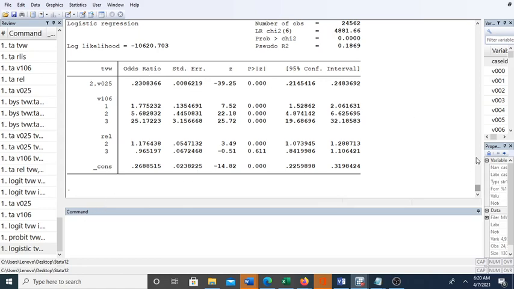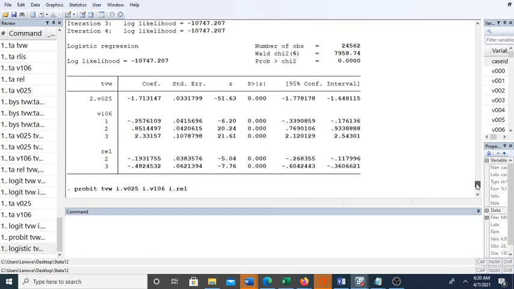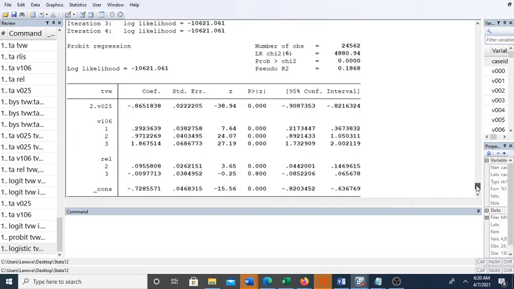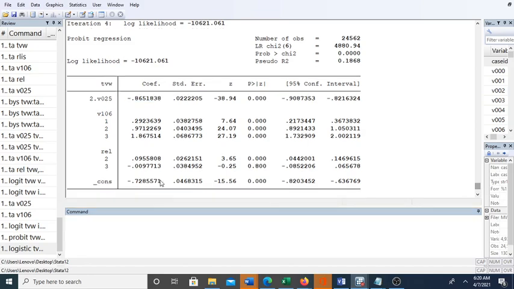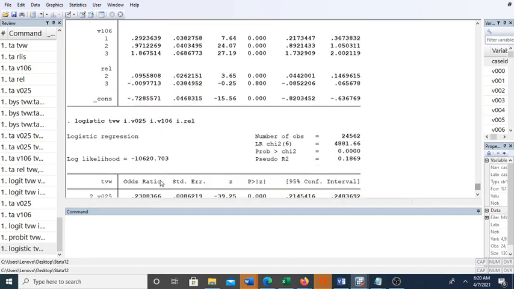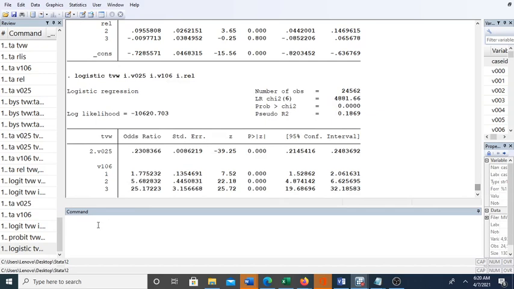Let's take this one. Let's take this value. I should copy this. Okay, and I should come down here and say display exponential of this one.